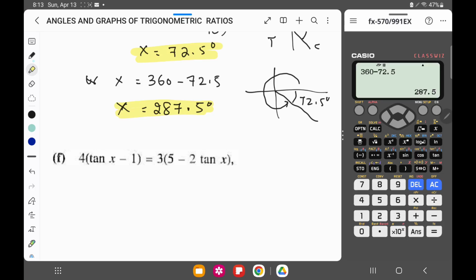All right, question part F. Okay, so we'll solve it the same way. 4 tan x minus 4 equals 3 times 5 is 15 minus 3 twos is 6 tan x.